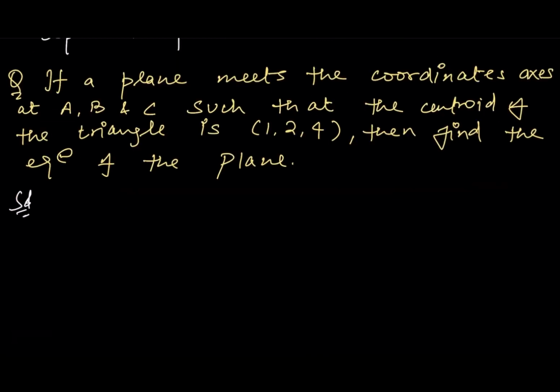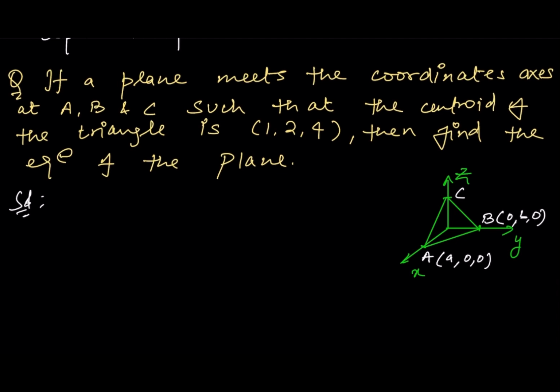So students, again I am taking the plane meeting the coordinate axes at A, B and C as given in the question. If I take A as (a, 0, 0), B as (0, b, 0) and C as (0, 0, c), the centroid will be (a+0+0)/3, that is a/3, b/3, c/3, right? We are assuming that the centroid is this.